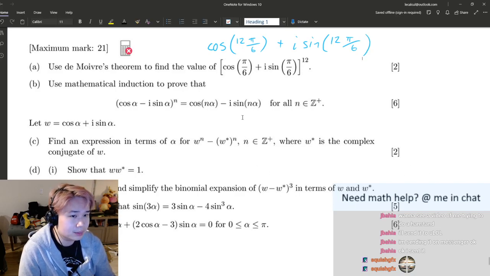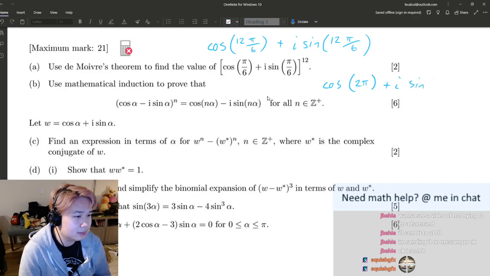So essentially you're just multiplying the angle by 12. So then this just becomes cosine 2 pi plus i sine 2 pi, which is just equal to 1.